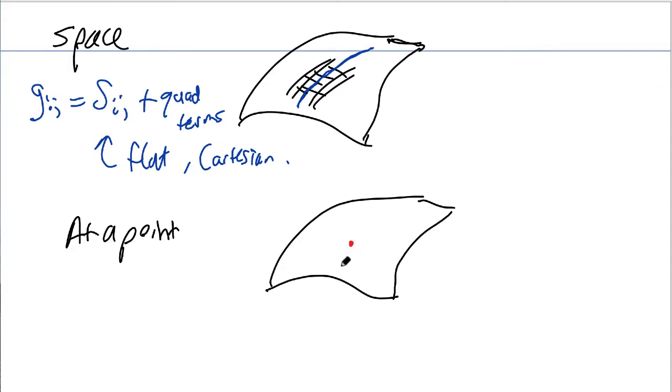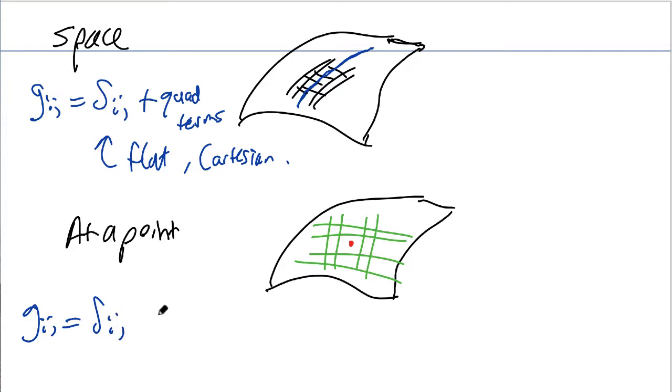So let me draw the coordinates in the vicinity of this point like this. In the neighborhood of this point, g_{ij} looks like the flat metric in Cartesian coordinates plus small terms that are quadratic in the spatial coordinates, so they vanish at this point. Now, we know how to compute the area, say, of this coordinate cell.